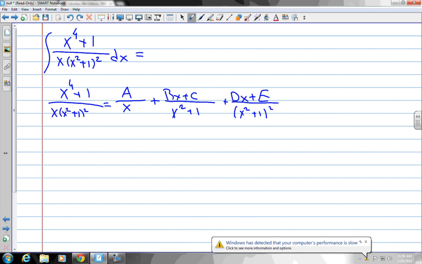Oh boy. We're not going to get into, well, if you think about this, cubics are always reducible. You can always reduce a cubic into a linear and a quadratic, because every cubic has at least one real solution, right? No matter what a cubic is, it will cross the x-axis.